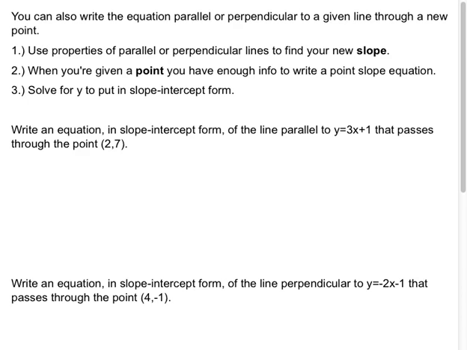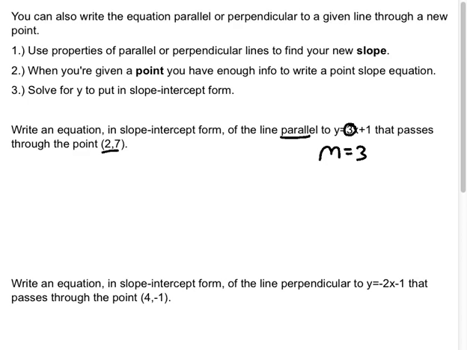Okay? So write an equation in slope-intercept form of a line parallel to y equals 3x plus 2 that passes through that point. So if I want something parallel to this, that means my new slope is still going to be 3. My slope is going to be the same going through this point.